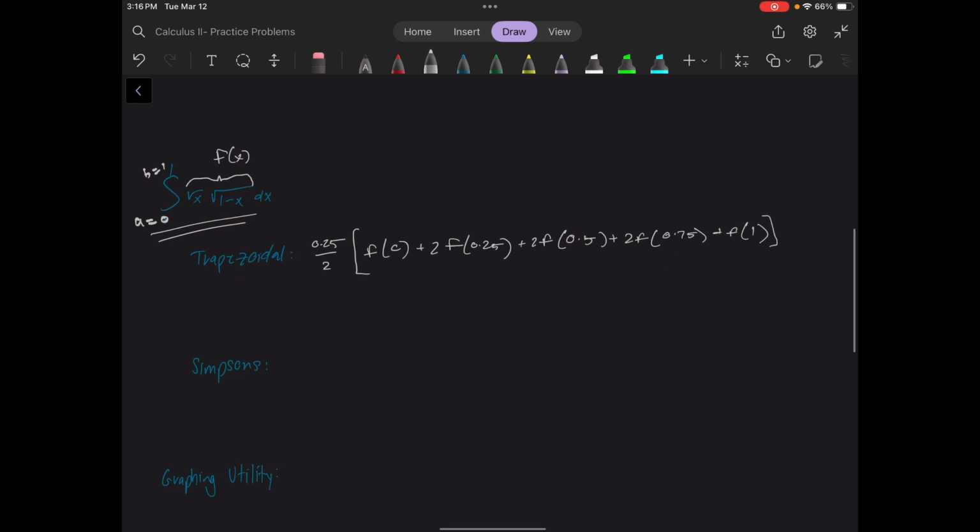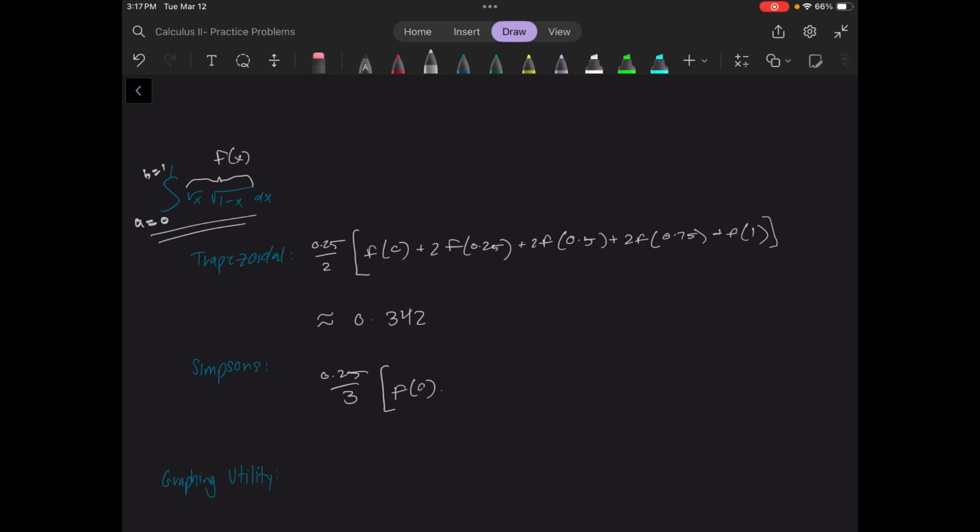Okay, so plugging this into the calculator yielded about 0.342. And with Simpson's rule, what changes? Well, that 2 changes to a 3.